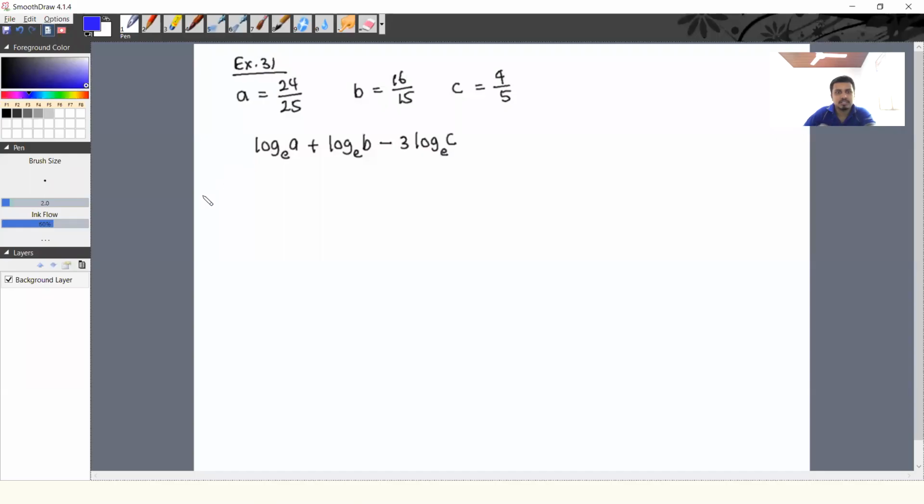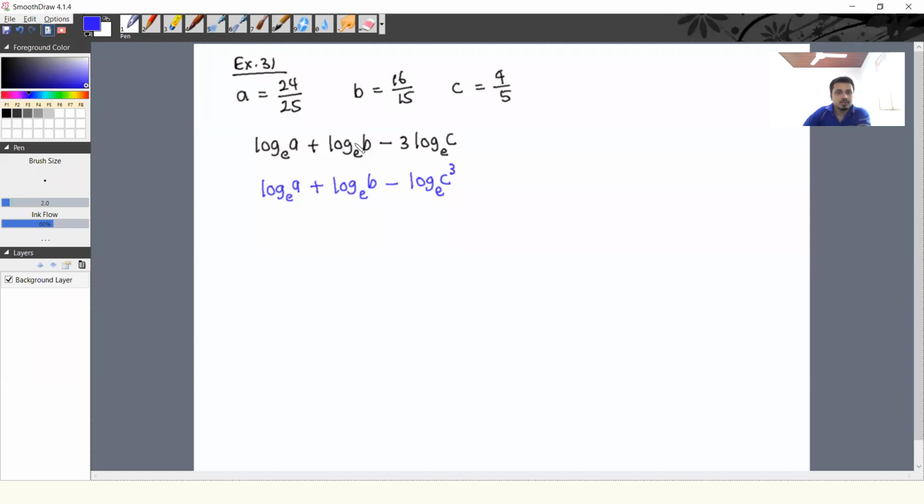So we'll do that first. Log of a to the base e plus log of b to the base e minus this one. The same thing we can write as log of c to the power 3 to the base e. Using the third rule of logarithm, we have rewritten it as such.